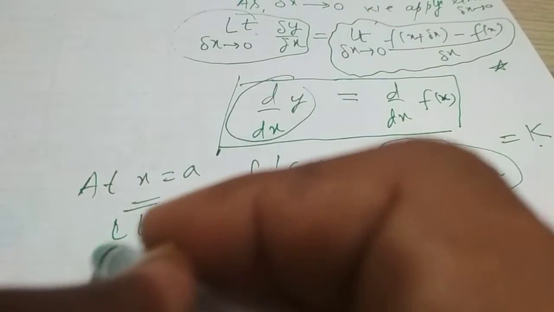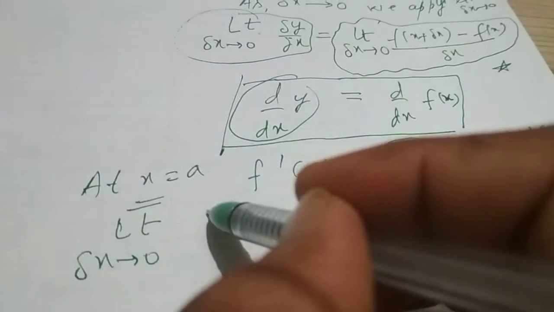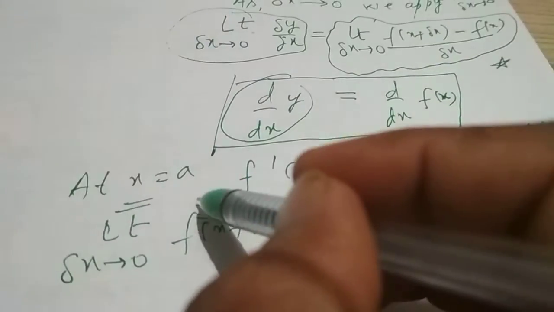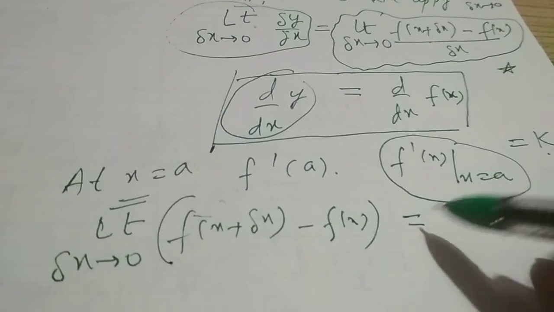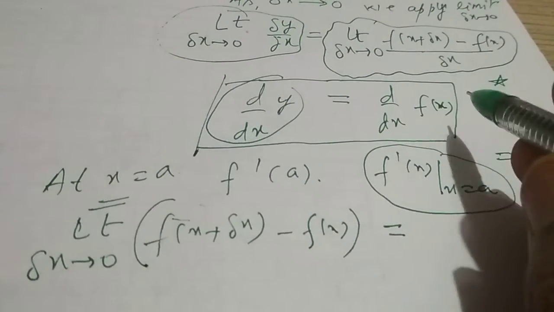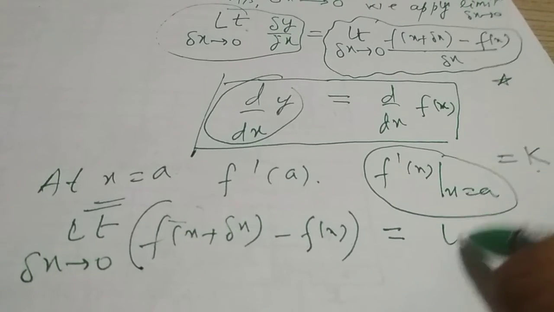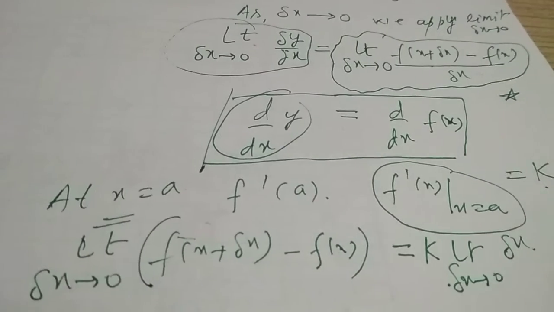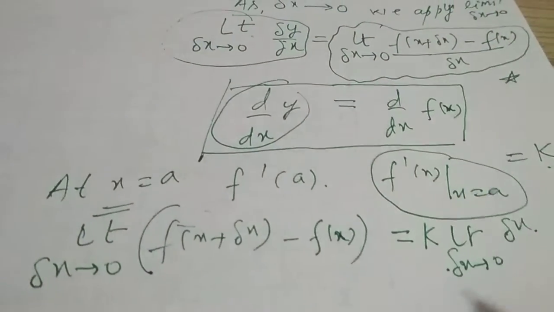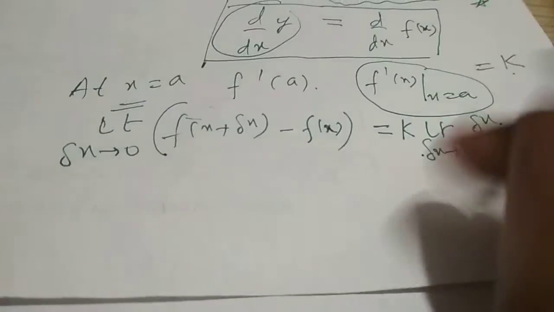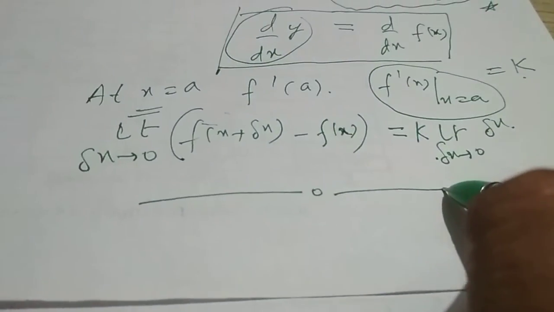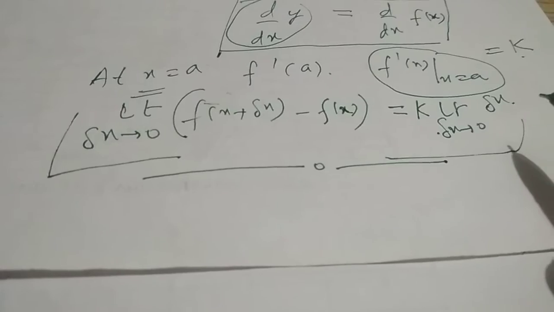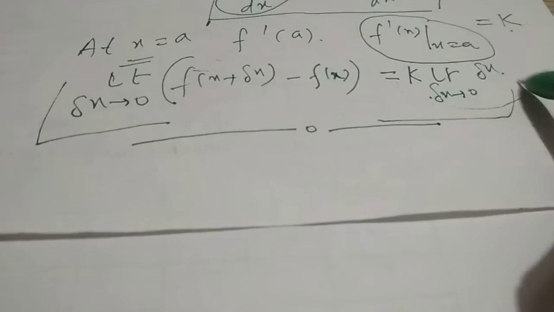In that case, this particular constant can be equated to this k. So I can write limit delta x tends to 0, f of x plus delta x minus f of x is equal to limit k times limit delta x tends to 0 delta x. Because of this transposition, we get the definition of continuity, because the right hand side is going to become 0 when you put the limit.